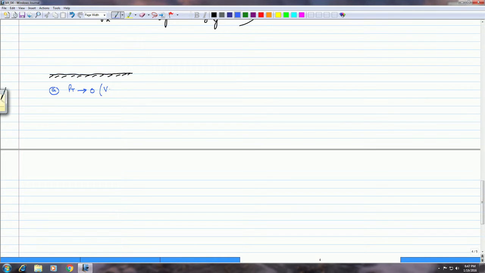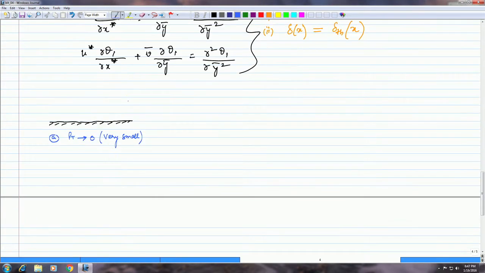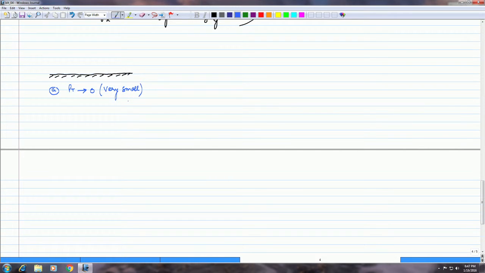Which means, and what we've seen earlier, that delta TH, the thermal boundary layer thickness, is very large, which means delta thermal is very large and delta is very small, right?